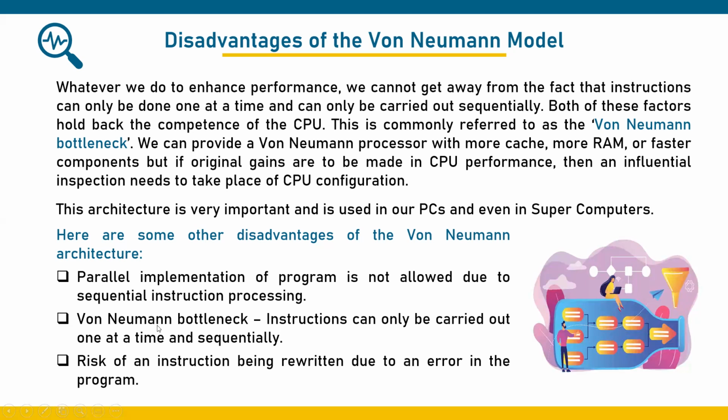Second one, von Neumann bottleneck: instructions can only be carried out one at a time and sequentially. Third one, there is a risk of an instruction being overwritten due to an error in the program.